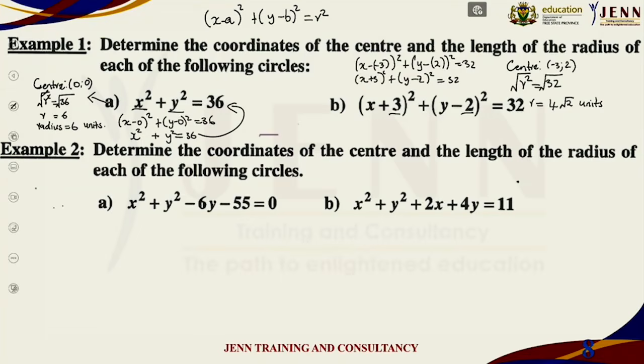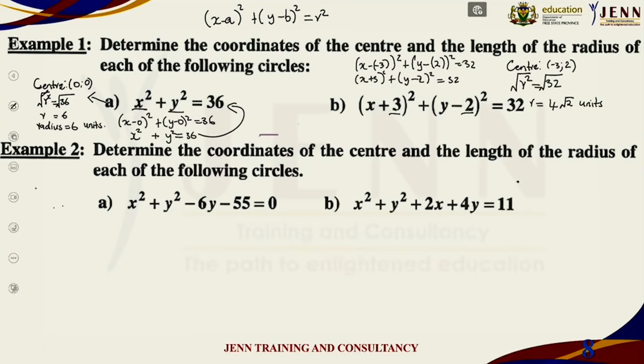The form of A and B in example 2 is no longer the same as in example 1. We are now having x squared plus y squared minus 6y minus 55 equals 0.